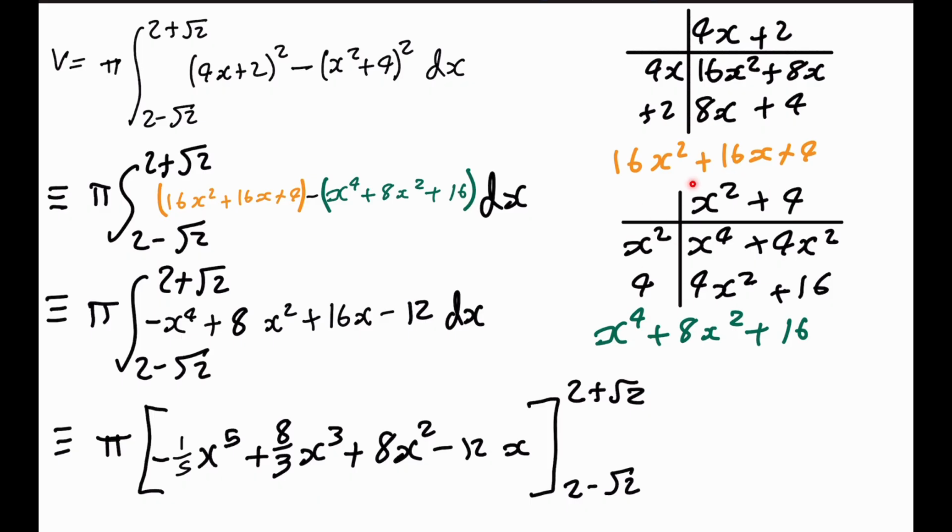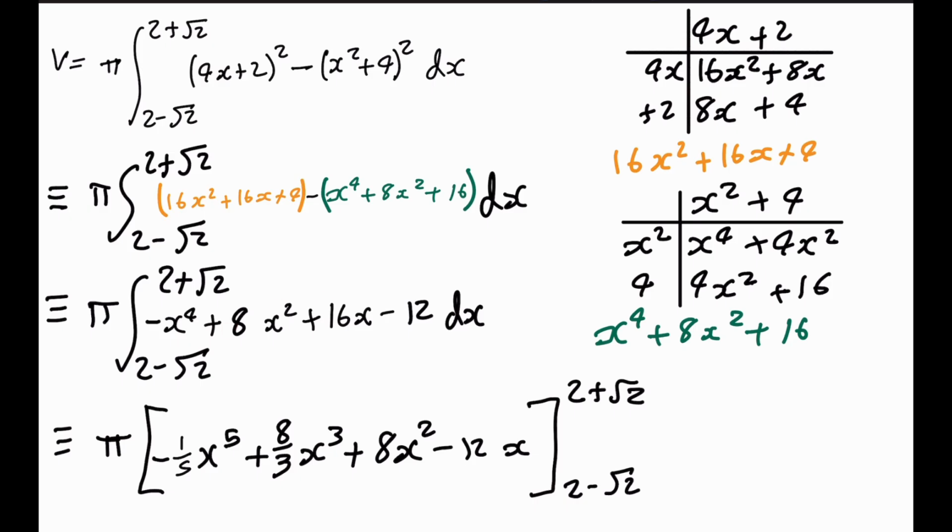I did the same for the x squared plus 4, and then you get a quartic, which is x to the power 4 plus 8x squared plus 16, and then you'll get an expression like this. If you join all the like terms together by taking away the first one from the second one, you'll get something like this. And then this is just easy steps, just multiplying out the squares and then collecting like terms.